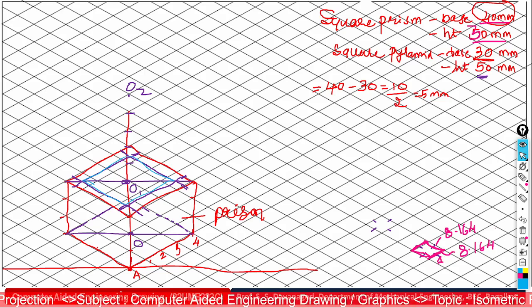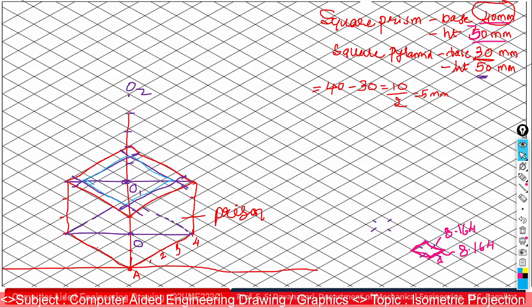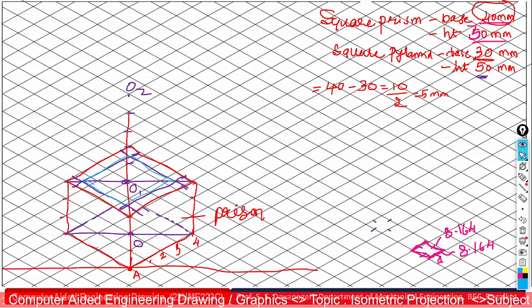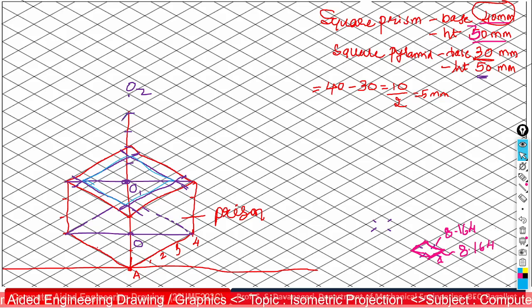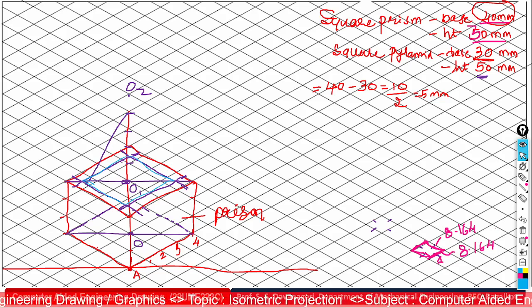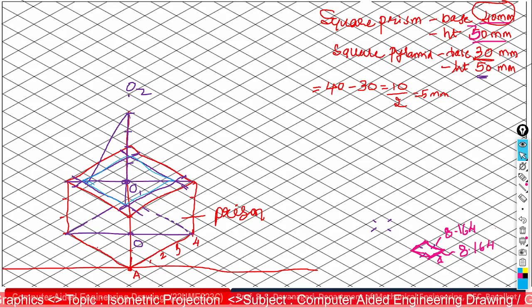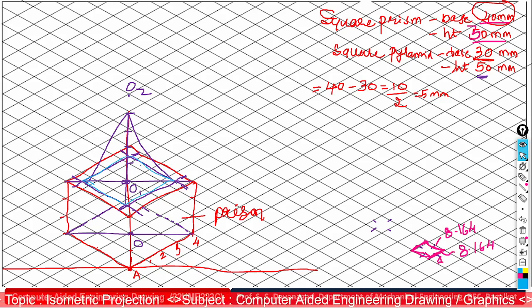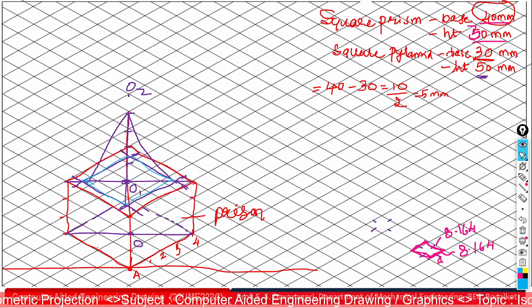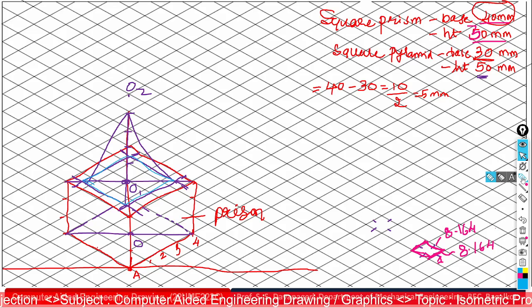Now let us connect the slant edges here: O2 to this corner point, O2 to this corner point and this corner point. Now the behind edges, all are hidden here.